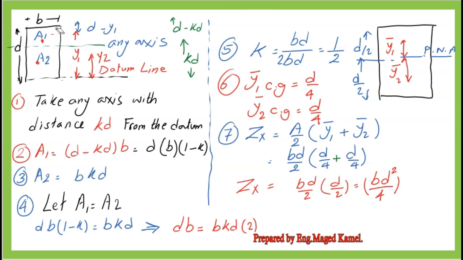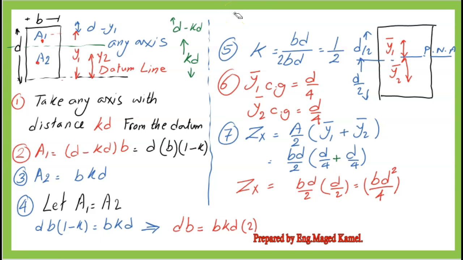We can estimate A sub 1 as equal to B multiplied by (D minus KD), equals BD multiplied by (1 minus K). The third step is to estimate the second area, or A sub 2. It will be equal to B multiplied by KD. Equate A sub 1 and A sub 2.